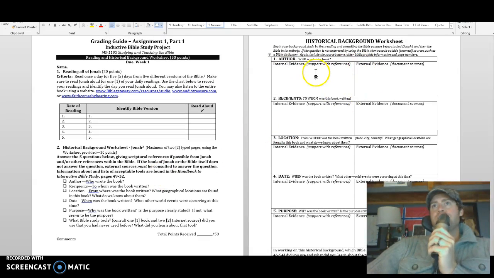What does that mean? Internal evidence means, is there something in the book of Jonah that gives you the idea that Jonah wrote the book, or someone else did? Did someone else write the book of Jonah? And are there any verses in the book or in other books of the Bible, with references to those scriptures, that support who wrote the book? All right.